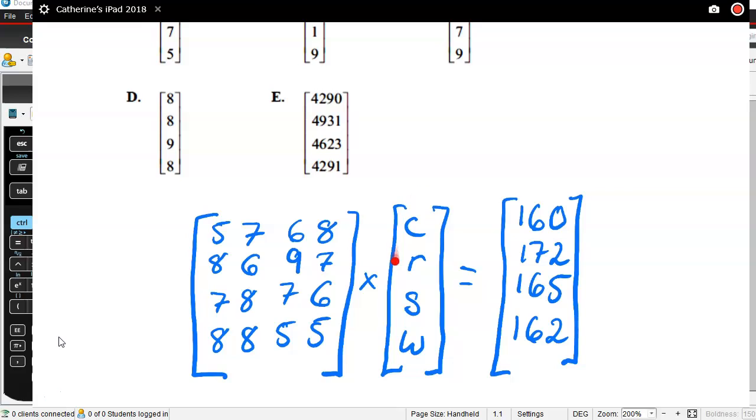We want to figure out what those distances are. In other words, we want to solve for C, R, S, and W.